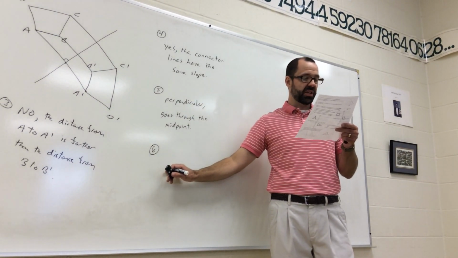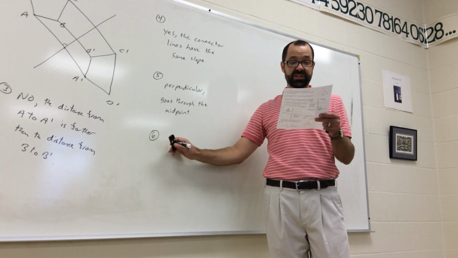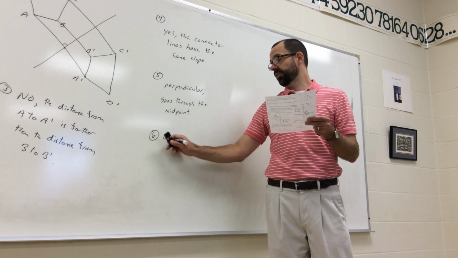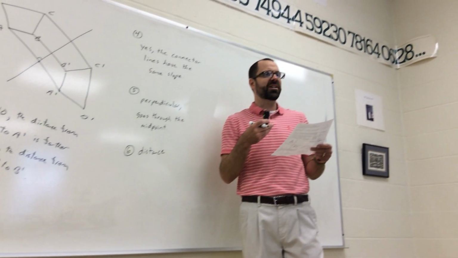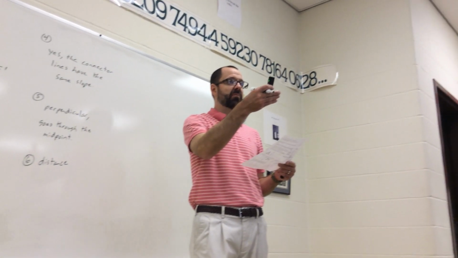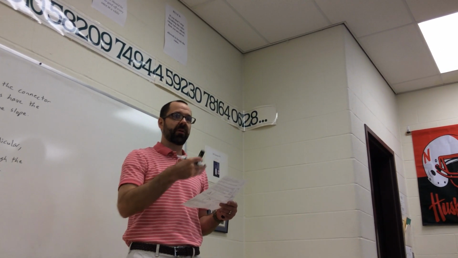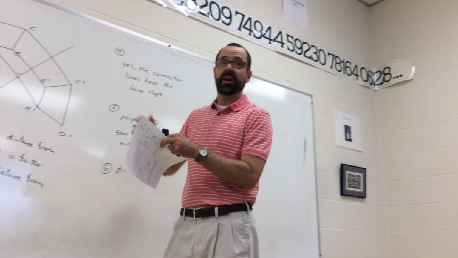Okay, so then number 6 says, so each pre-image and image points are the same distance from the line of reflection. And that makes sense, right? Because if you look at your reflection in the mirror, it looks like you're the same distance back in the mirror as what you are from the mirror. That's what a reflection is, right? So that's what's going on here.